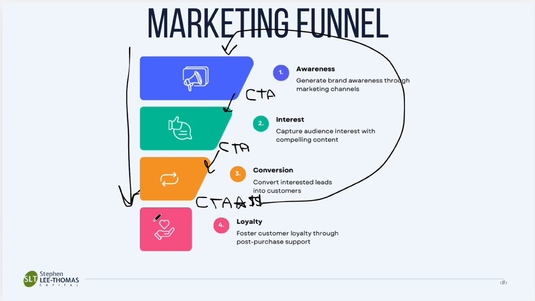And then the last layer here in the marketing funnel is loyalty. The same process applies here, but once somebody has been an investor with you, what you'd like to do is get referrals from them. The best time to get a referral is after you've given a distribution, when things are going good.